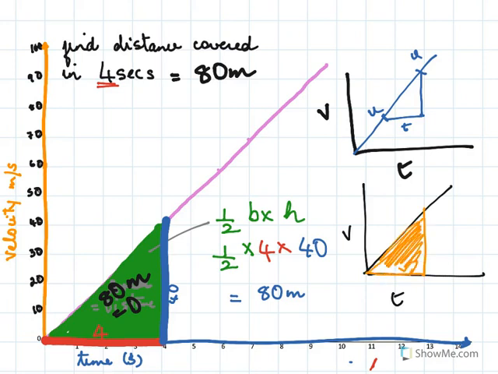By finding the area, you can find the distance. The area gives us the distance. And the slope, this is called the slope, this against this gives us the acceleration.